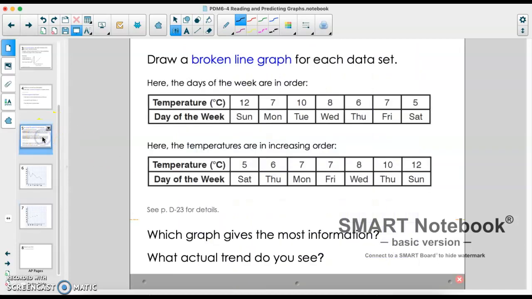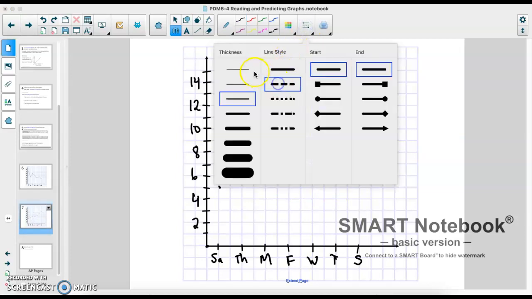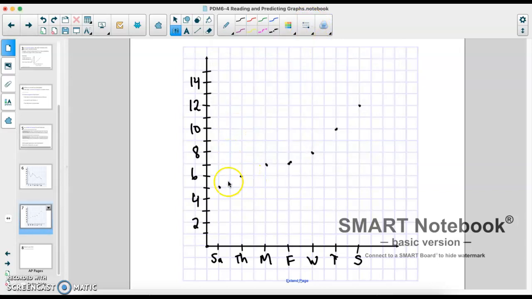The last two are 10 and 12. So here's 10, and this is 12. Now I'll go back to my dotted line and I'll just start joining the dots.